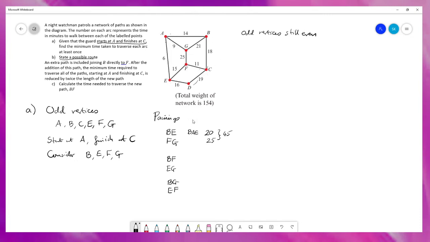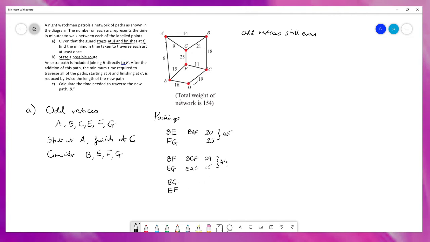So we can see that BCF with 29 is going to be the biggest. And then E to G, we can see that this 15, EAG, is going to be the smallest one there. Okay, and that totals to 44.